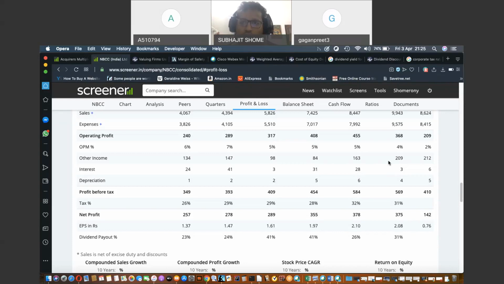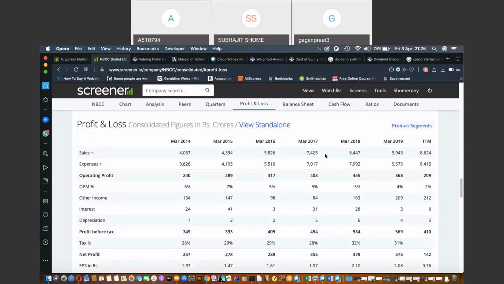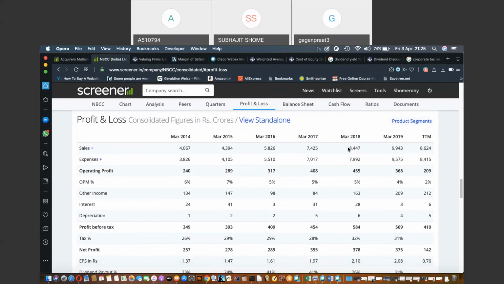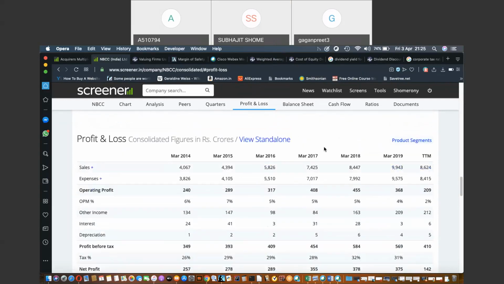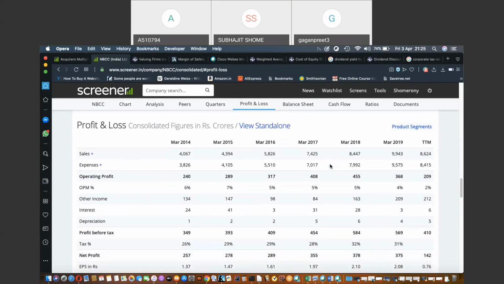Where do you find the figure? March 2018, in the profit and loss account.